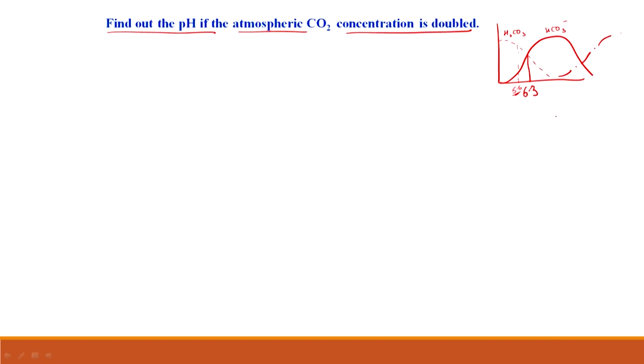You can get this even from the Henderson-Hasselbalch equation, pH equal to pKa plus log of the deprotonated form by the protonated form, right. Again, you will see that most of it is in the protonated form.